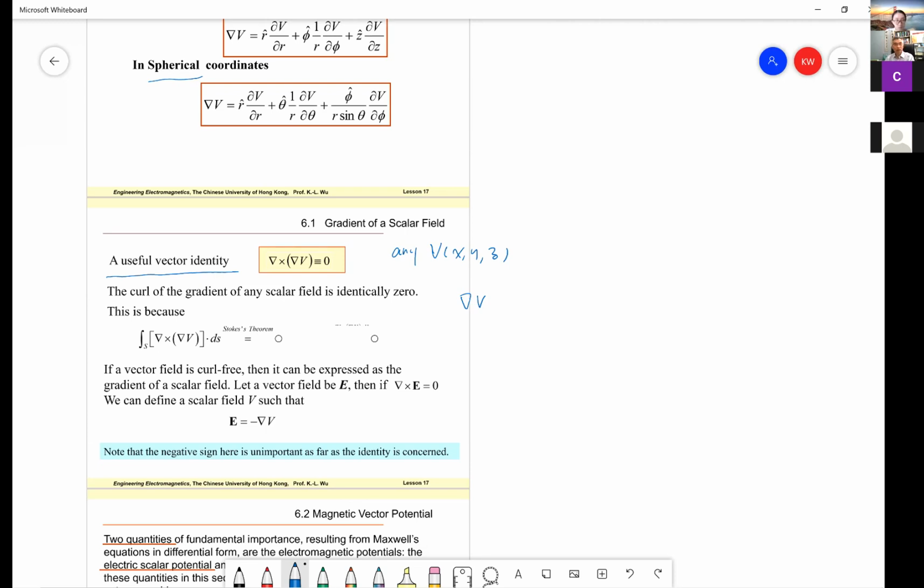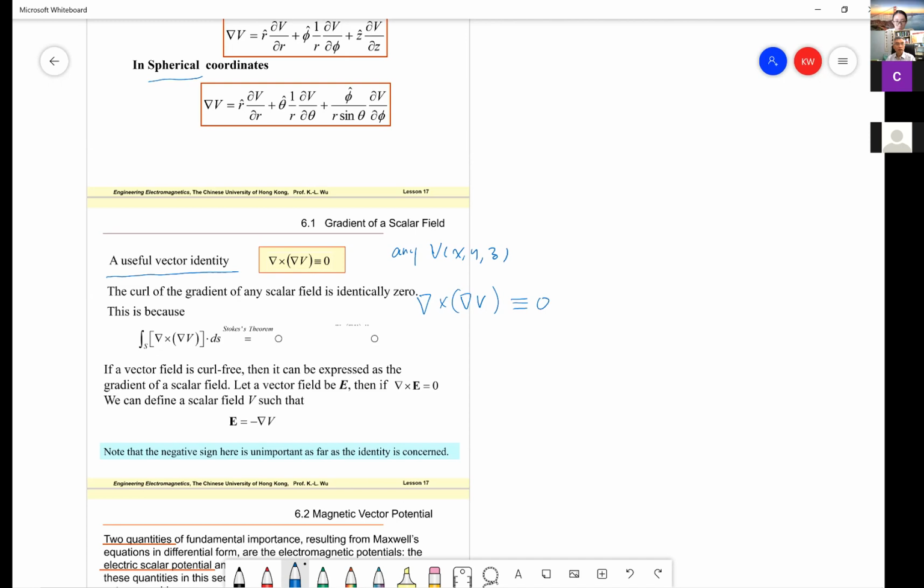But no matter how much freedom you want to have, if you take the curl of it, it is always equal to 0. You always have a constraint: the curl of any gradient will be equal to 0.